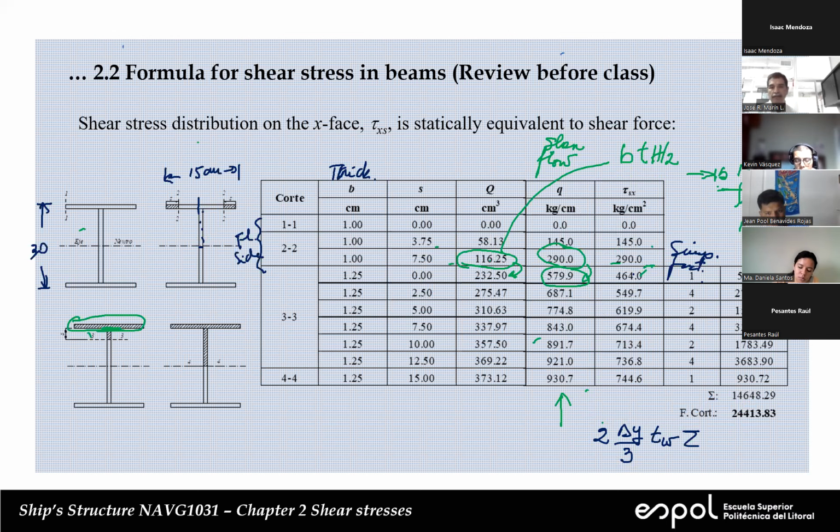And hopefully all of this will give you a value like this. In this case, you can see this is kilograms force, and the value should be 25,000. Since the integration is not precise, it's an approximation, the value is very close, almost 25,000 kilograms, which is 25 tons.